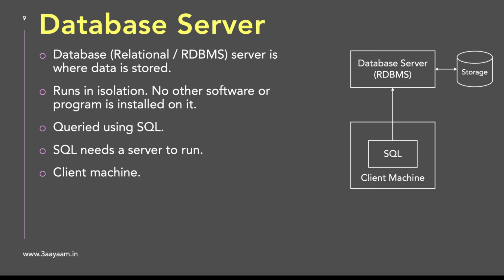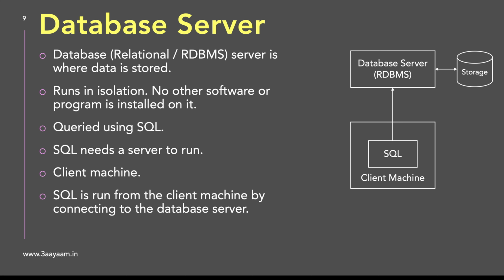Server is something where you send the request and it is serving something, and client is something where the requests are emanating from. So in the case of SQL also, you'll run the SQL statements in the client machine and then you'll send it to the database server. The database server will execute it and send it back to the client machine. So this might be called the client and this might be called the server, albeit a database server. So as you can see, this is a client server architecture as well.